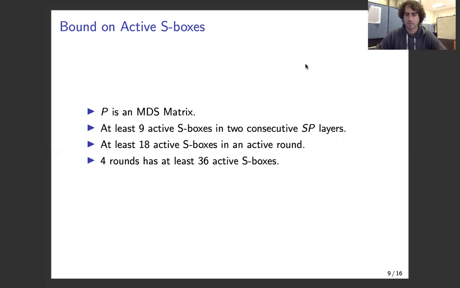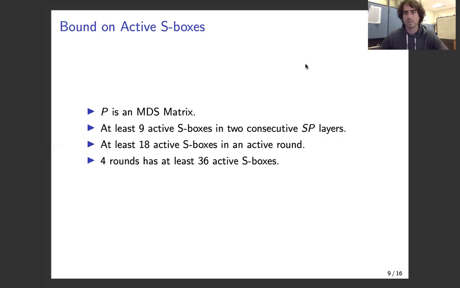That means that the input to the round is non-zero. Now, we know that for a Feistel network of 4 rounds, we have at least 2 active rounds in differential cryptanalysis. So that will give us for the 4 rounds at least 36 active S-boxes. This gives us a lower bound on the probability of the best differential characteristic of 2 to the minus 216. So again, this is plenty.